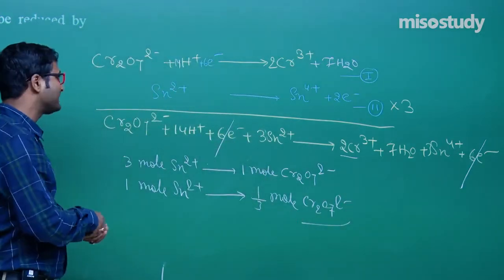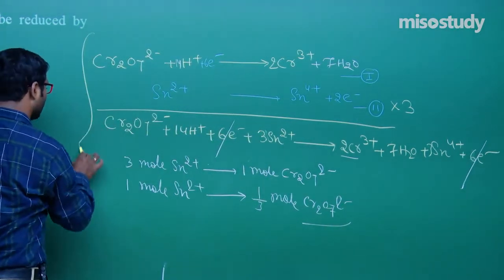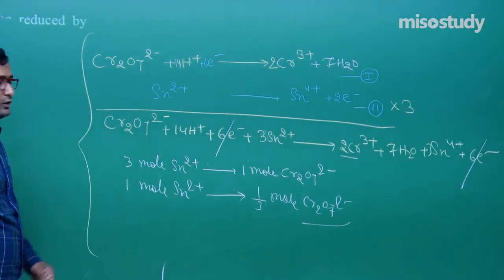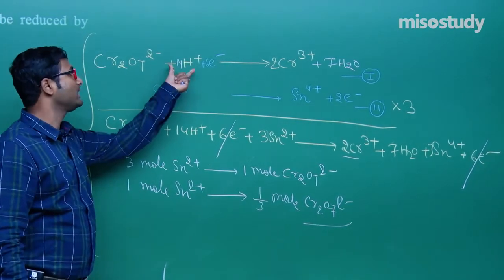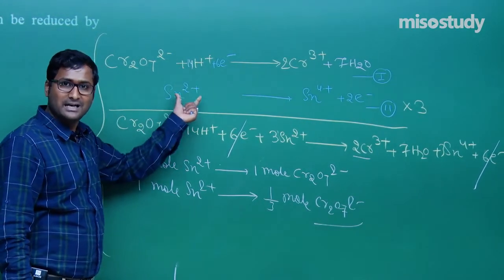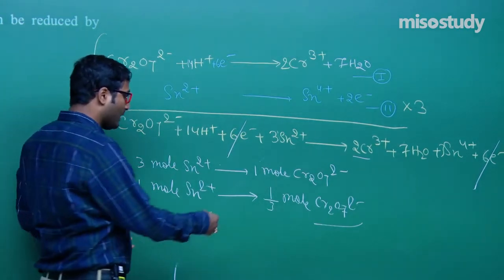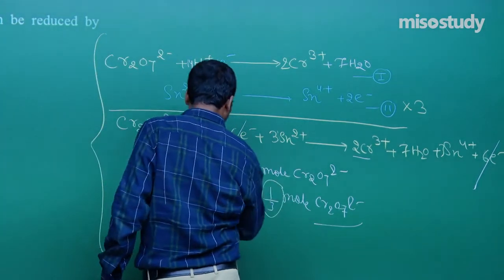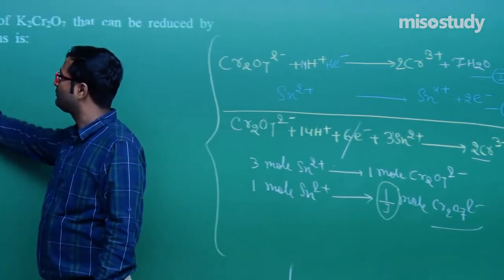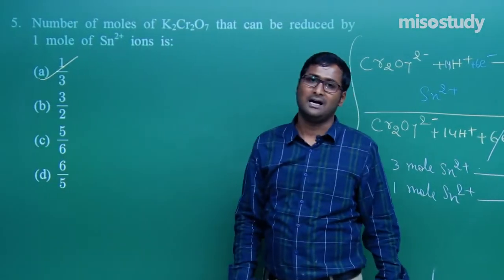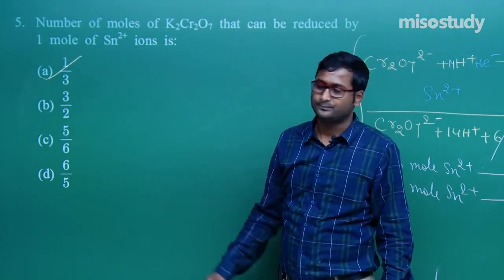Clear friend? This is the detailed solution. You can easily observe: the first one is the reduction half reaction, the second one is the oxidation half reaction, and finally what we get is 1/3. So for this question 1/3 is the answer. Clear?